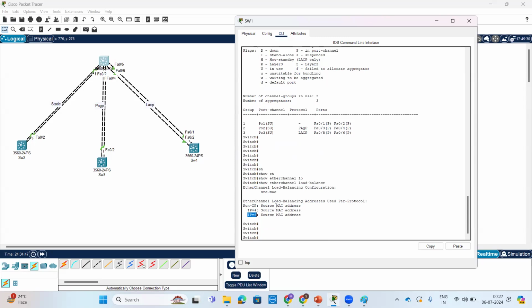If you want to see port based, then we have to enable it in routers. In routers it will show, in advanced layer 3 switches it will show. This is a legacy switch, and apart from that, it's Cisco Packet Tracer. That is the reason it's not showing here. But you can check here MAC address and IP address. Based on that, load balancing will happen.